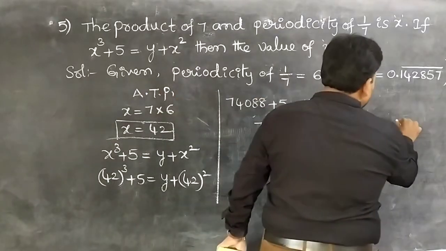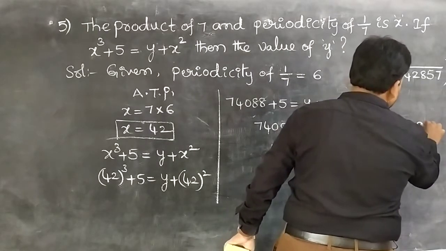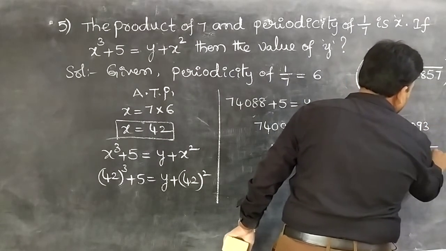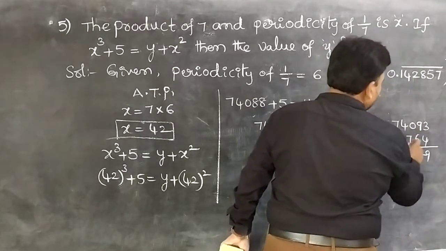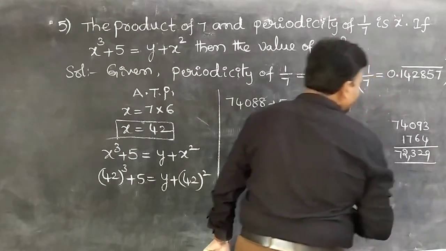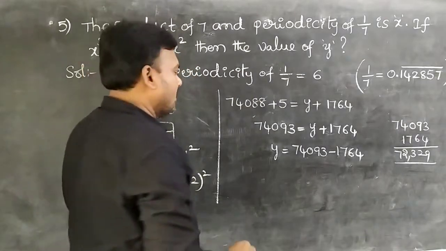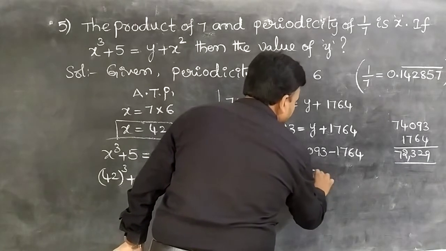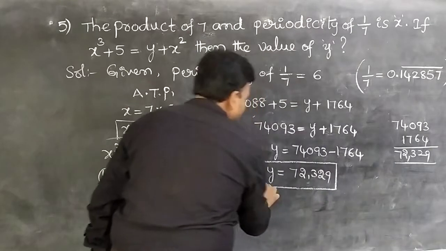So do the subtraction, difference value, students, aside: 74,093 and 1764. So it becomes 9, 8 minus 6 is 2, and again 10 minus 7 becomes 3. So 3 minus 1 is 2, 72,329. Y equals how much, students? 72,329. Therefore, y equals 72,329, students. This is the solution of the given problem.